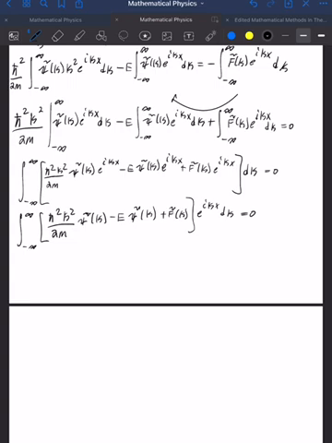So something really interesting happens here. Because this integral is set equal to 0, first of all, recall that the set of all functions e to the I kx are linearly independent.